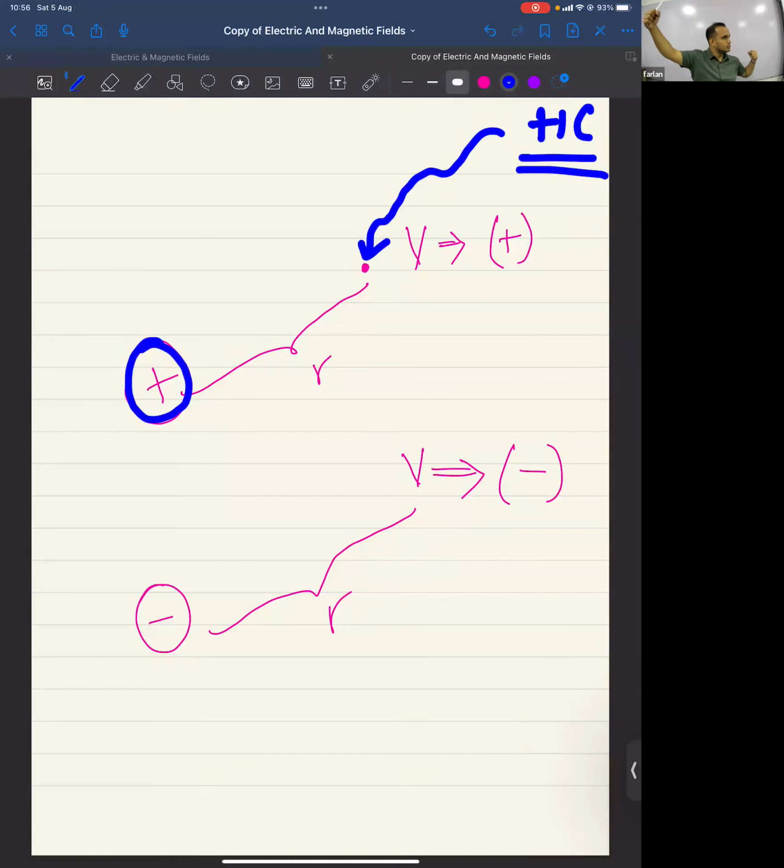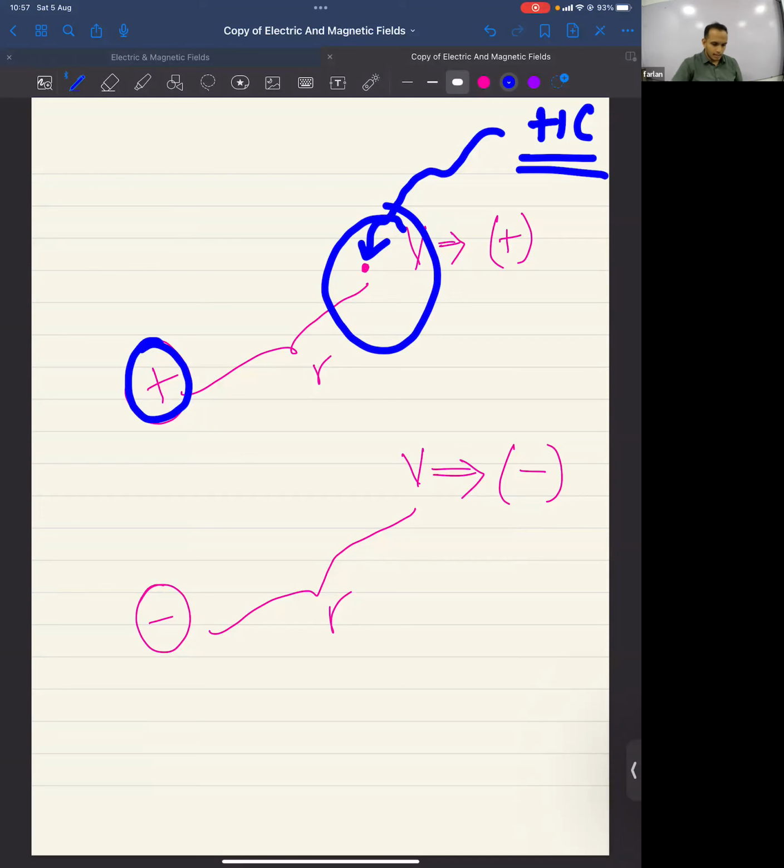Both are positive, so they repel each other. There is a repulsive force, so if you want to bring the +1 coulomb charge, you need to do extra work. So the electric potential at this point is positive.